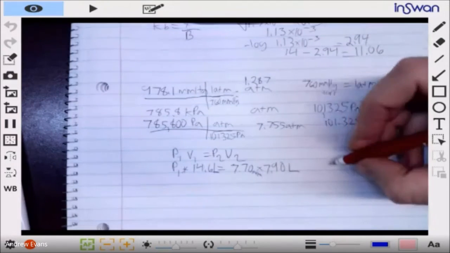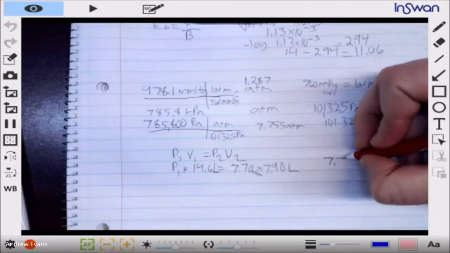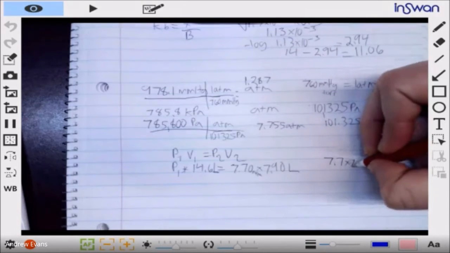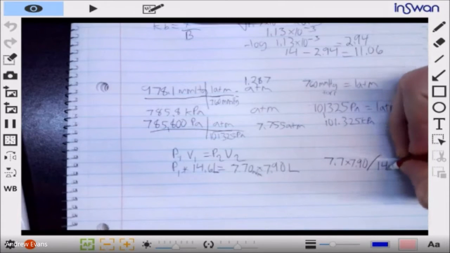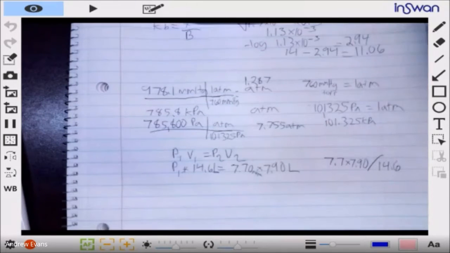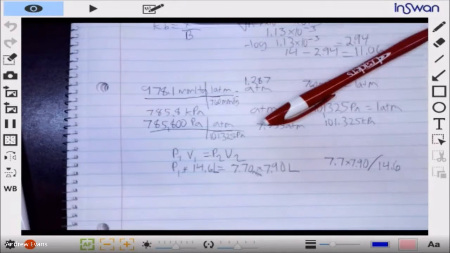All you'd have to do mathematically is say 7.7 times 7.9 divided by 14.6, and that would be your answer. Your numbers, once again, will probably differ. However, this is not meant to truthfully challenge you too much. You need to learn how to set these up, but it's not meant to be overly tricky.